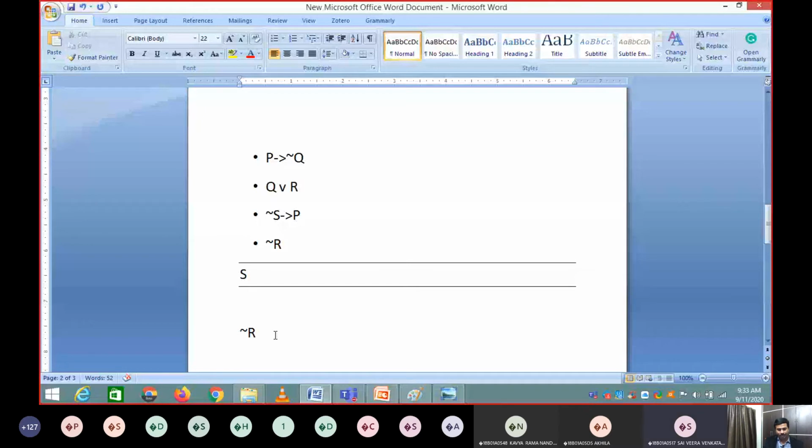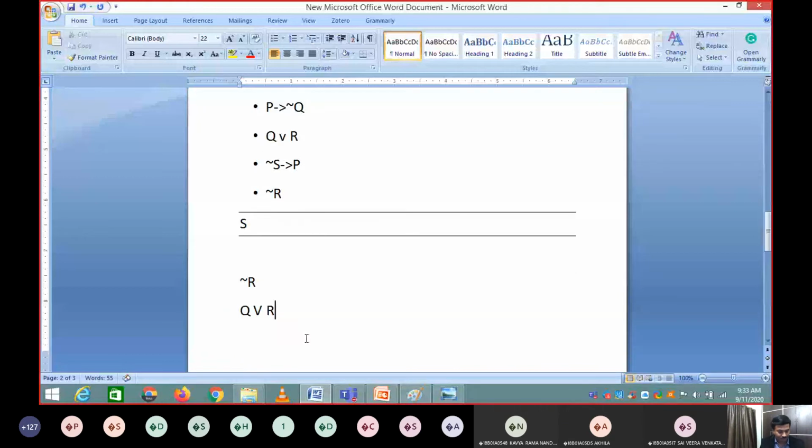Q or R. Yes, because a negation of R is there, you are better off taking Q or R. So if you consider this the first statement, and this the second statement that was given, what can the third statement be? P implies negation Q?